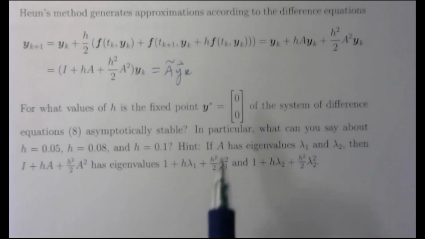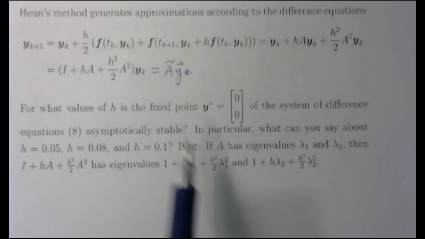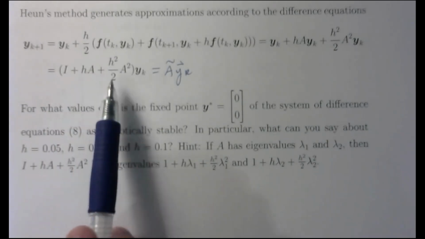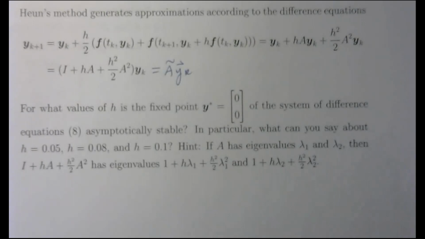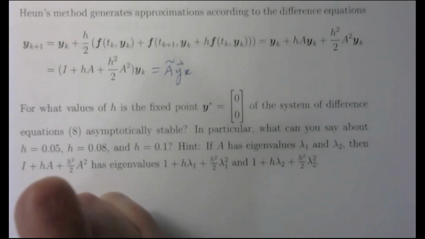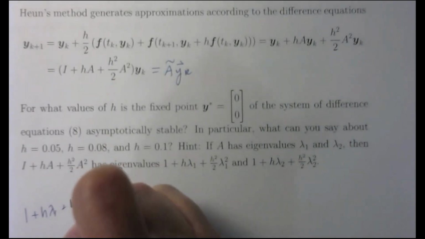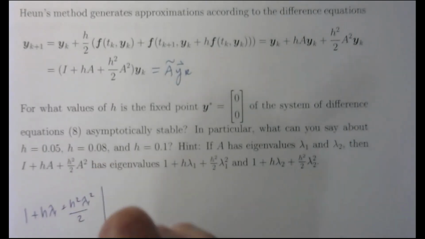Okay, and so what can I say? This is again just a way of shifting and scaling the eigenvalues of A to get the eigenvalues of this guy, right? So I had 1 plus h lambda 1 plus h squared lambda 1 squared over 2, and 1 plus h lambda 2 plus h squared lambda 2 squared over 2.